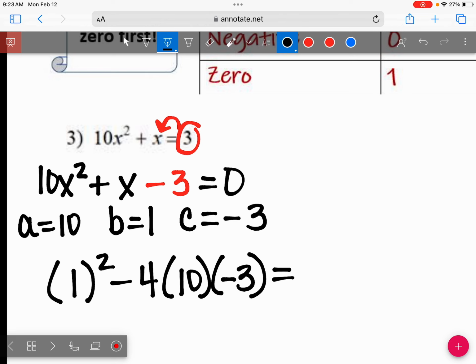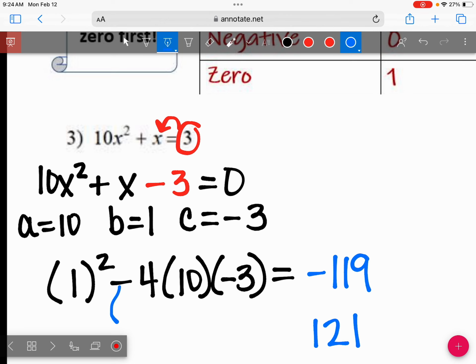Xavier, what did you get for your discriminant? Anybody else get negative 119? What else did we get? What'd you get, Steven? Positive 121. Anybody else get positive 121?